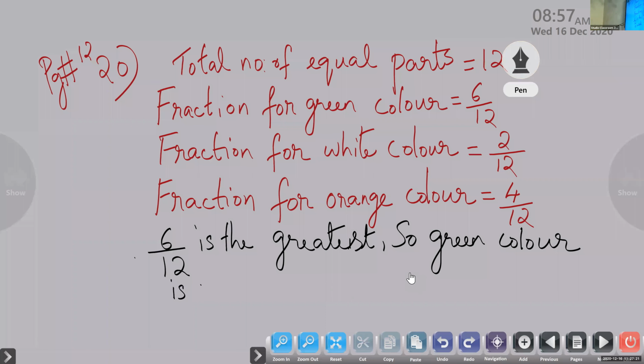So what can we write in the next step? Yes, which is the least? 2 by 12 is the least. So white color is used the least.